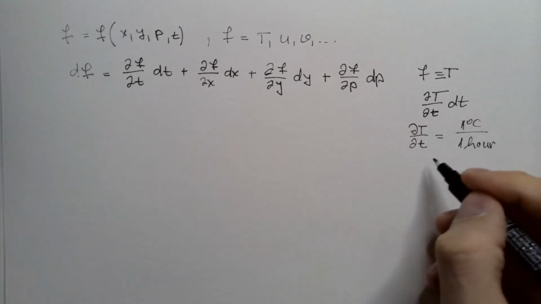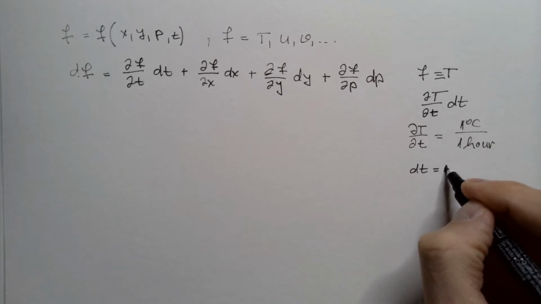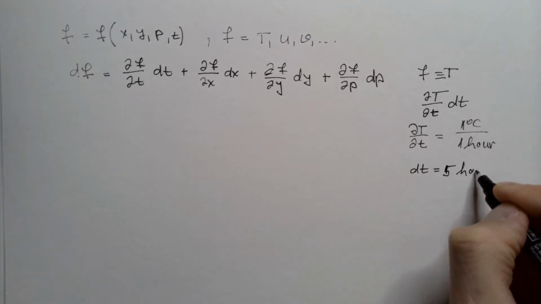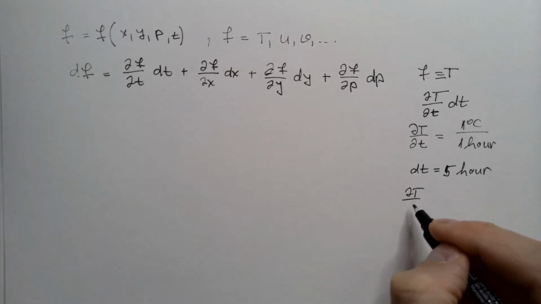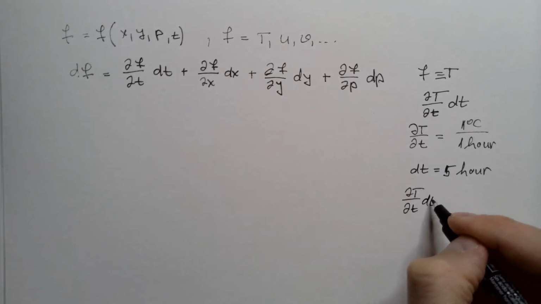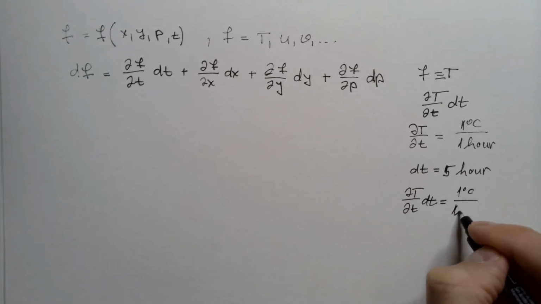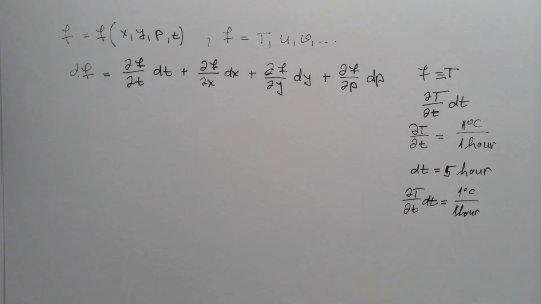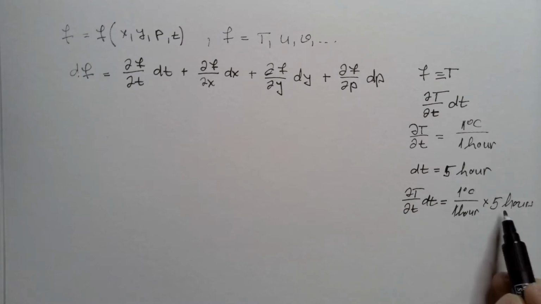And now let's say that in total 1 hour or 5 hours, let's say, pass. That means that ∂T/∂t times dt is equal 1 degree Celsius per 1 hour times the total time that elapsed, which is 5 hours, and that's the change in independent variable.